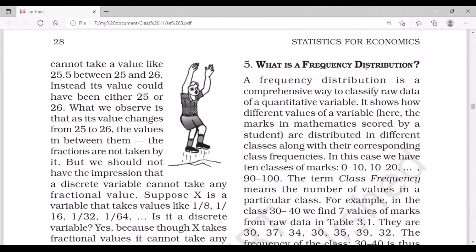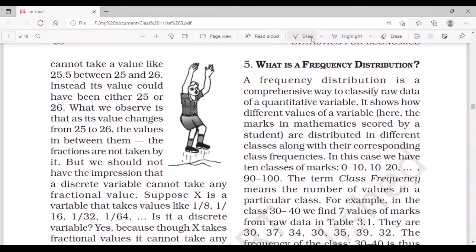So what is frequency distribution? A frequency distribution is a comprehensive way to classify raw data of a quantitative variable. It shows how different values of a variable are distributed in different classes along with their corresponding class frequencies.